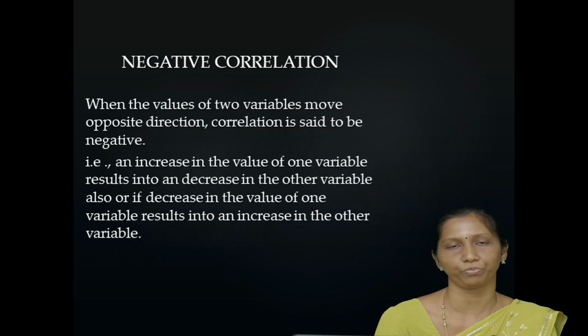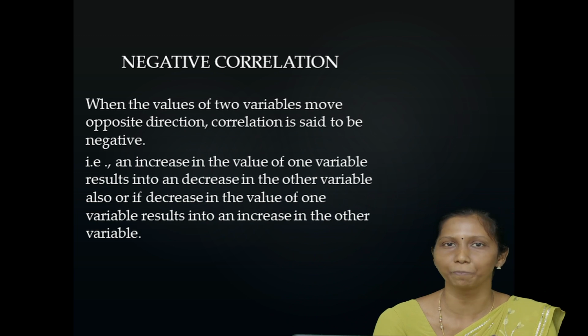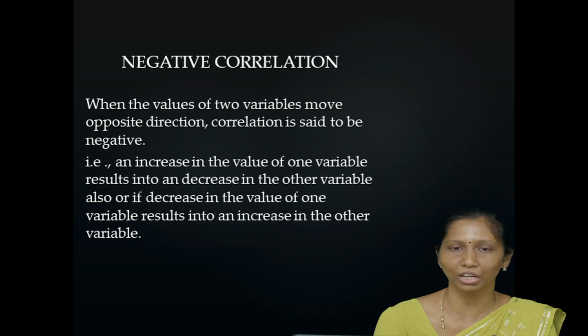The next correlation is negative correlation. It is opposite to positive correlation. If one variable increases, the other variable decreases. Because both move in the opposite direction, we can say it is a negative correlation. An increase in the value of one variable results in a decrease in the value of the other.